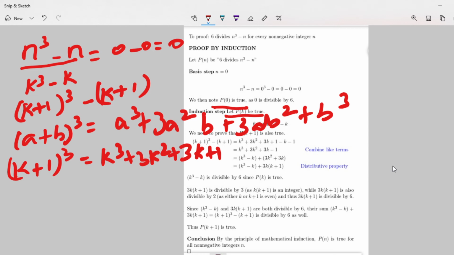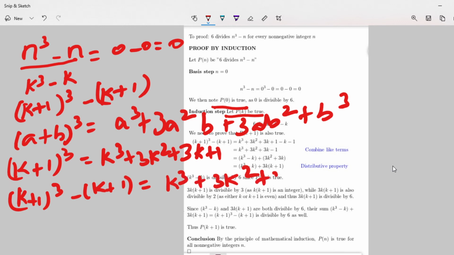Okay. So what we have already, k plus 1 the whole cube minus k plus 1. So we are having k cube plus 3k square plus 3k plus 1. Then we multiply with minus k minus 1. So plus 1 minus 1 will be cancelled.